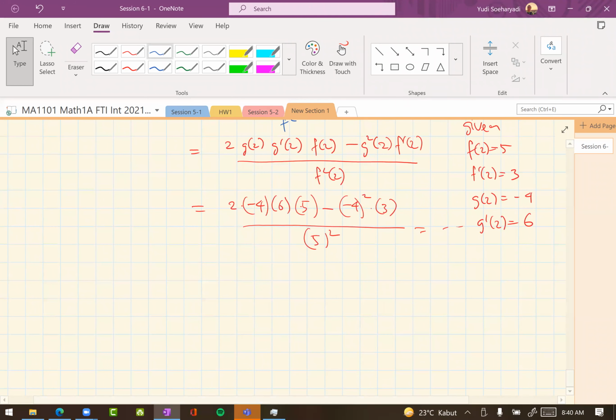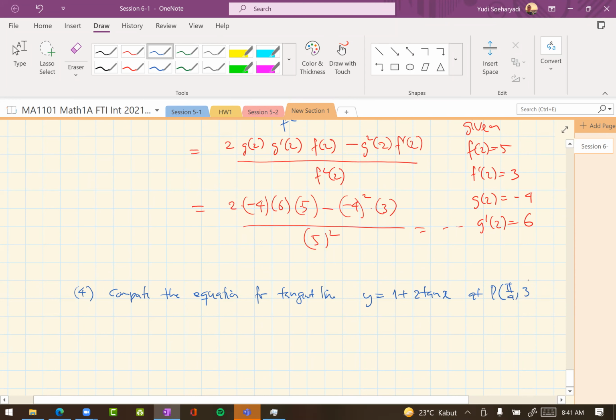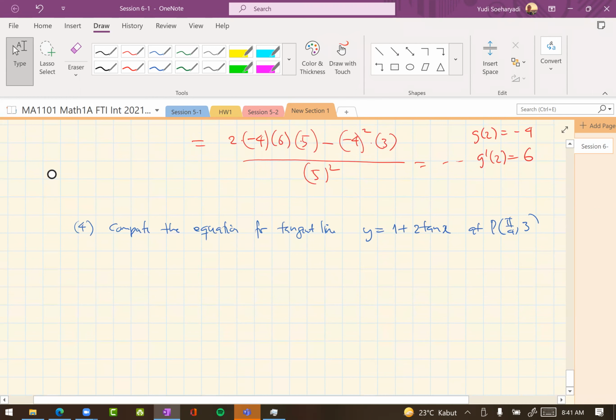Problem 4. Compute the equation for the tangent line of y equals 1 plus 2 tan x at P, pi over 3. Okay, we need to find the slope first.